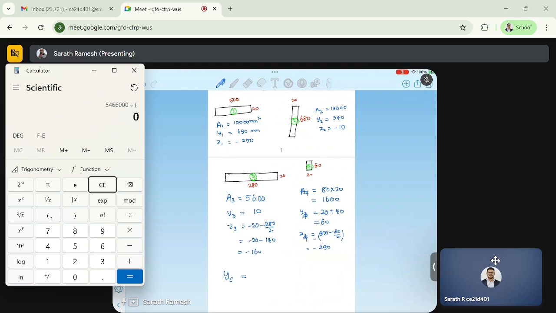Right. Yeah. So I think above itself we have to change.